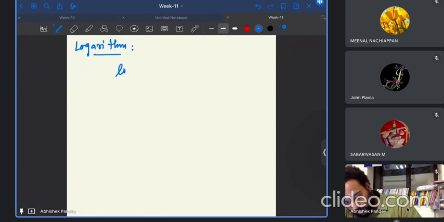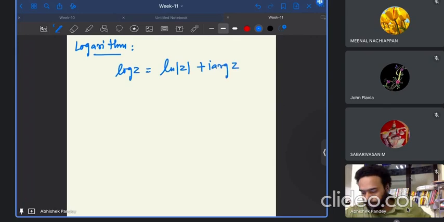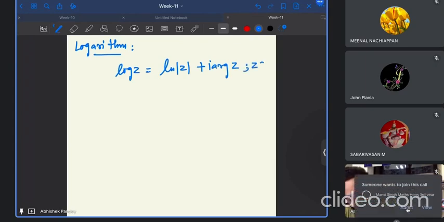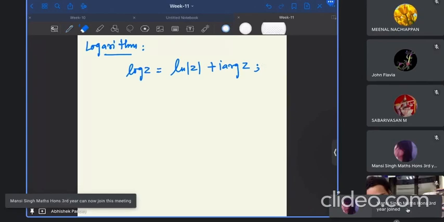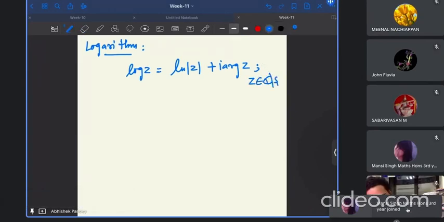So log of z is defined as ln of mod z plus i argument of z, again on C minus 0, where z belongs to C minus 0.